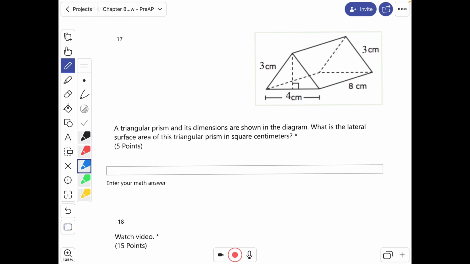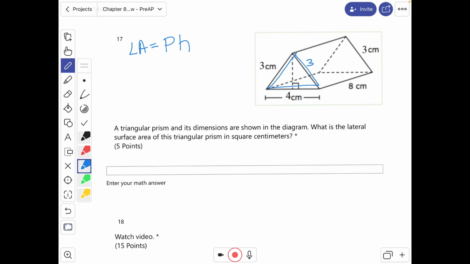Number 17. A triangular prism and its dimensions are shown in the diagram. What is the lateral surface area of this triangular prism in square centimeters? The formula for lateral surface area is perimeter of the base times the height. So we've got to find the perimeter of this base.